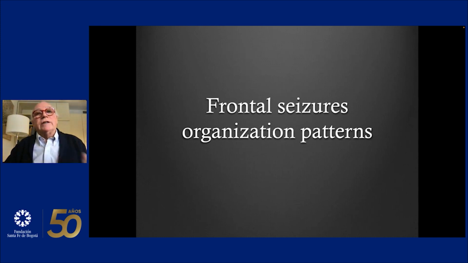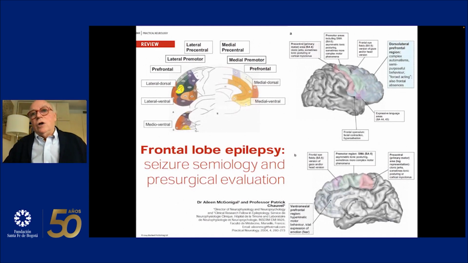What are the frontal seizure organization patterns? We made this very schematic work with Aileen McGonigal a long time ago, but I just take it to show you the way we categorize the seizures anatomically: lateral precentral, premotor, but in the prefrontal, the lateral dorsal, lateral ventral, medial ventral, and medially the medial premotor, prefrontal, medial dorsal, medial ventral.